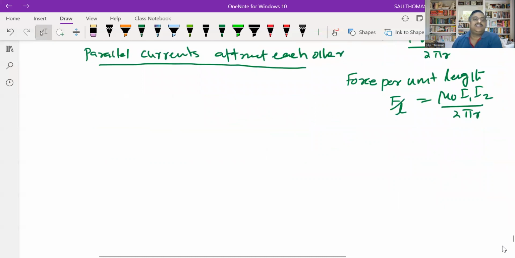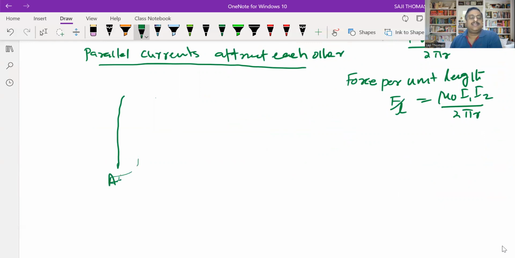Okay, I am showing this diagrammatically. See, this is conductor AB. This is conductor CD. Conductor AB carries current I1. So B1, conductor CD is in this magnetic field. So B1 will be in this direction, into the plane of the paper.